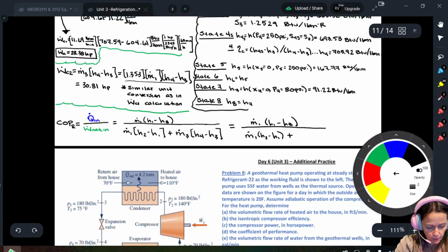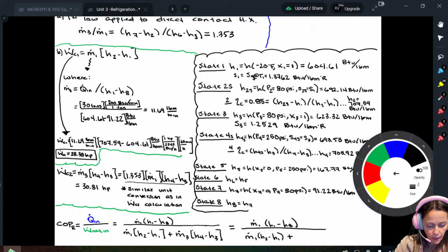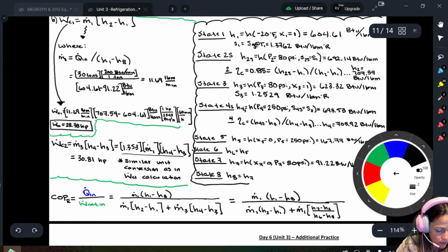Oops, sorry. So that M dot 3 would just be M dot 1 times H7 minus H2, and I'm going to zoom in on this in a second, over H6 minus H3. That's your definition of M dot 3.